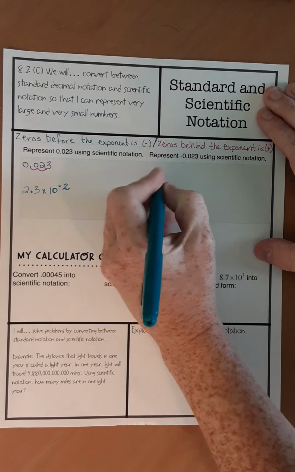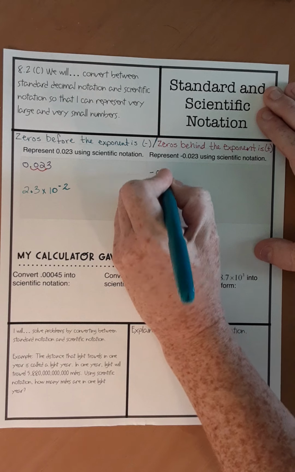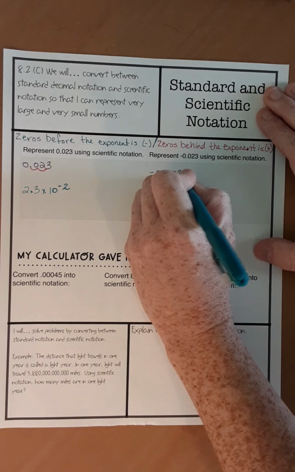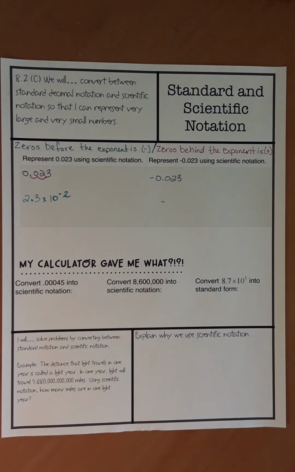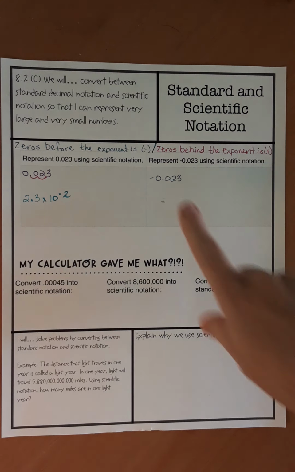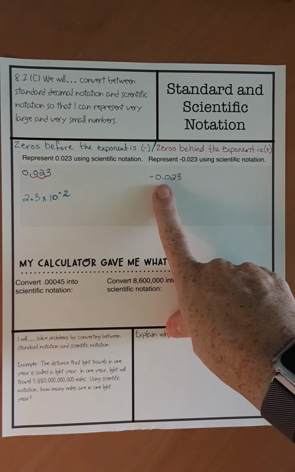This time they gave us a negative 0.023. We need to determine first, are our zeros in front or are they behind our number? Our zeros are in front of our number.